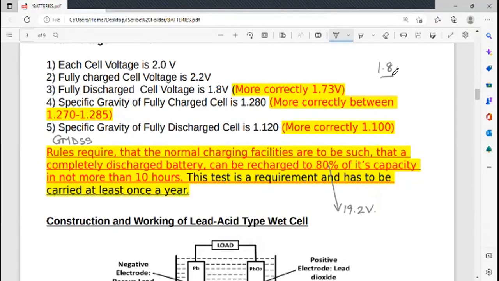That is a fully discharged battery. So when you're charging it, it should reach 80% of 24 volts in not more than 10 hours, and that is what they mean by this particular point.